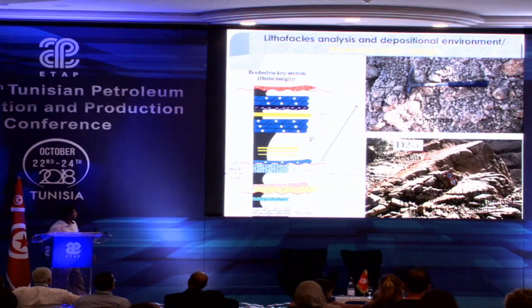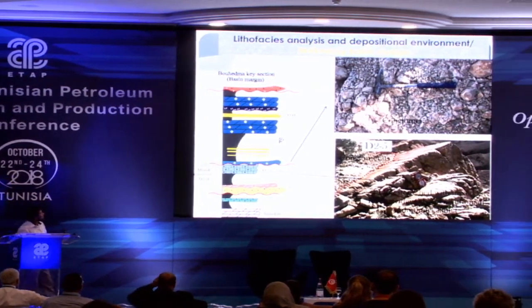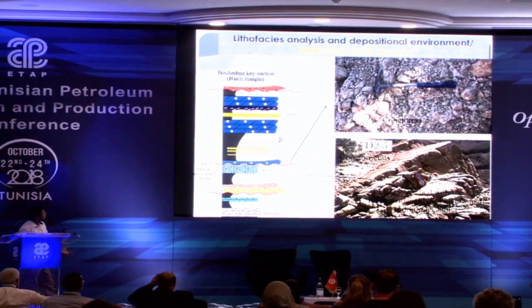So the next unit consists of nodular and slumped carbonate beds that contain a mixed ammonite fauna of Kimmeridgian, Lower Tithonian, and Upper Tithonian.